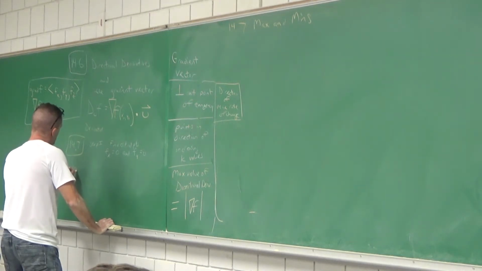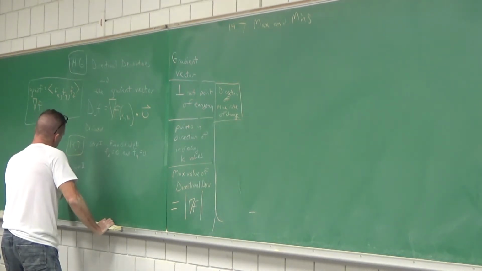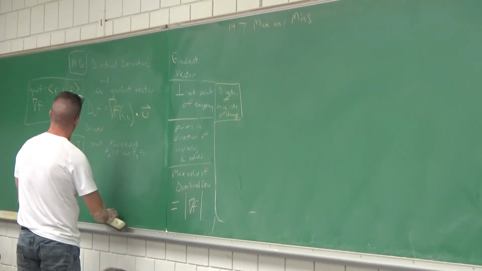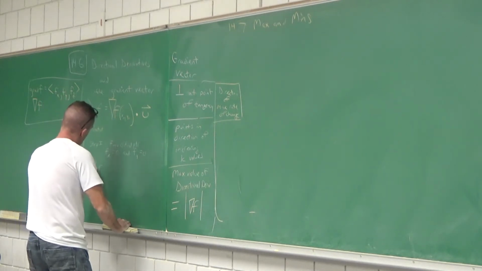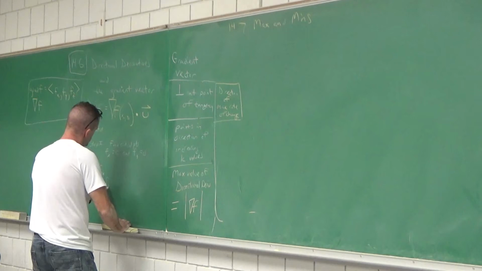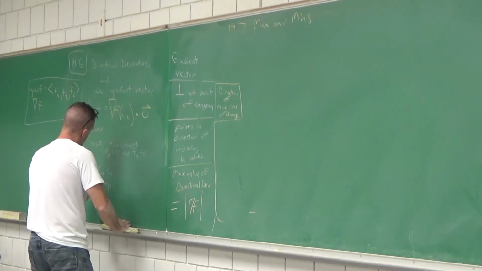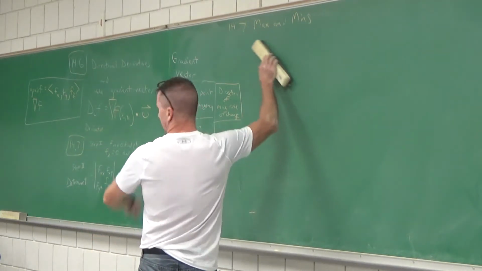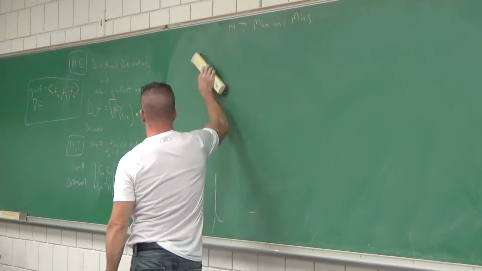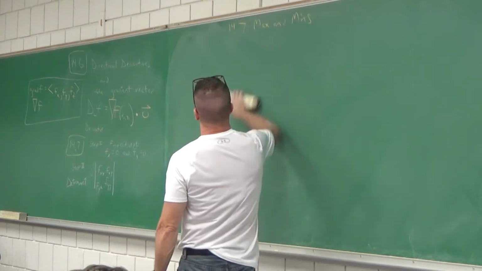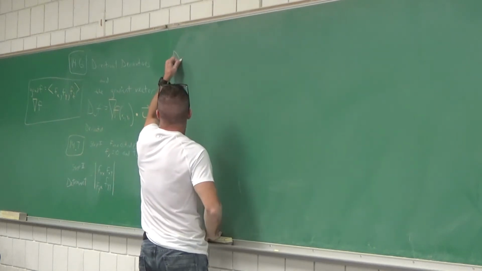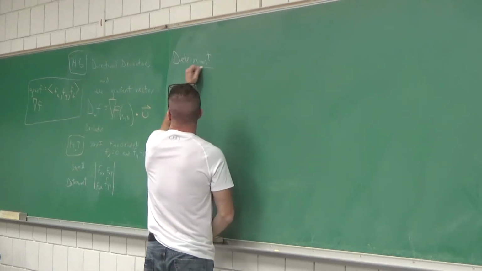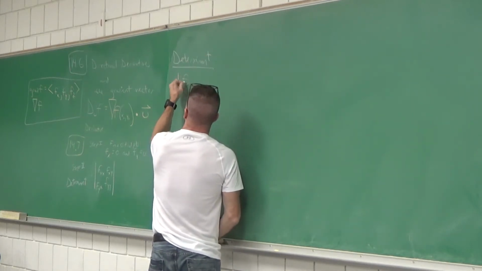We calculate something called the determinant. The determinant is equal to the determinant of a little matrix that I'm going to draw here. I'll erase this part; we won't need it for section 14.7. This will be step 2 of 14.7.